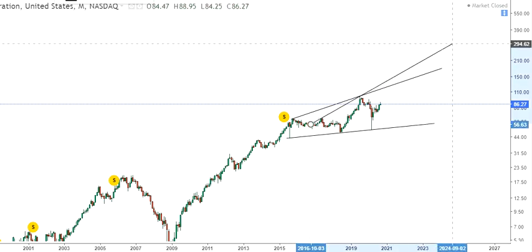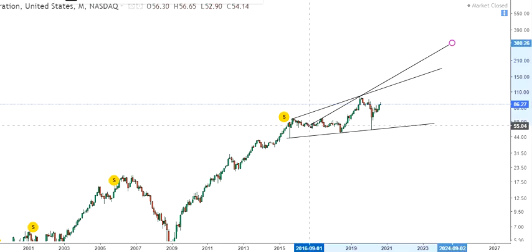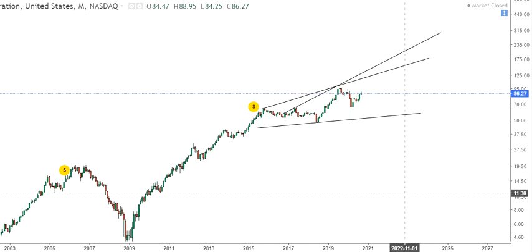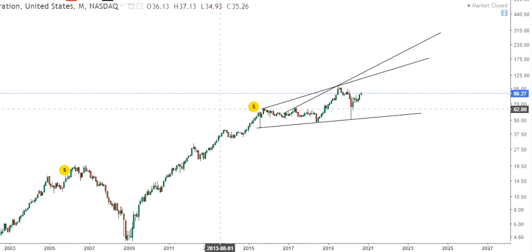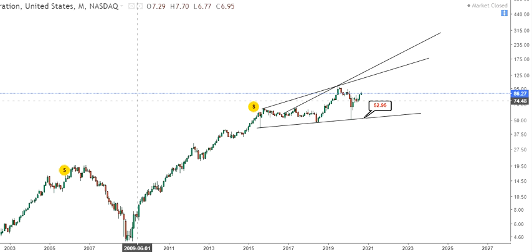Let me explain both of them. If you're looking at the long term, because it's a monthly chart, the lower end of the range will be $52, which you have already seen when I was talking about the current share price movement.